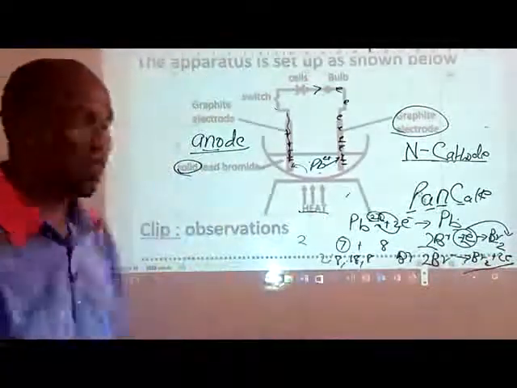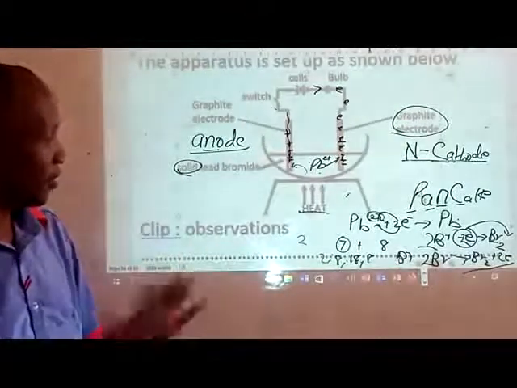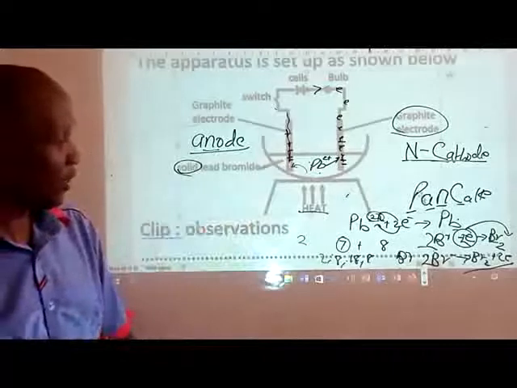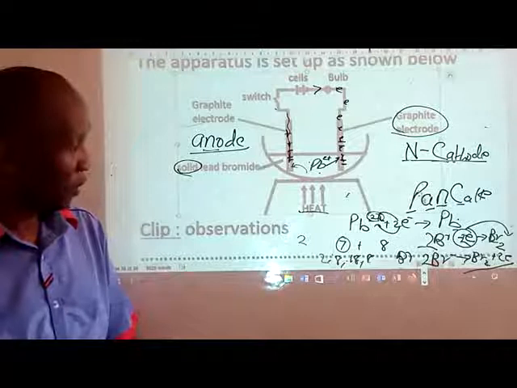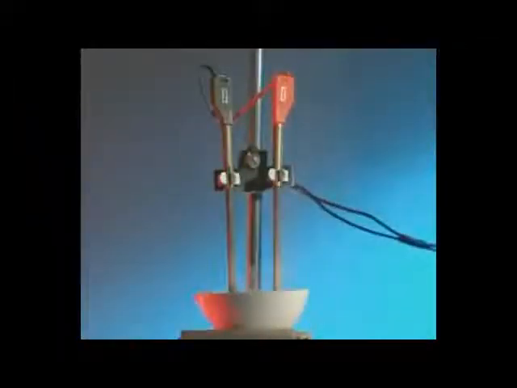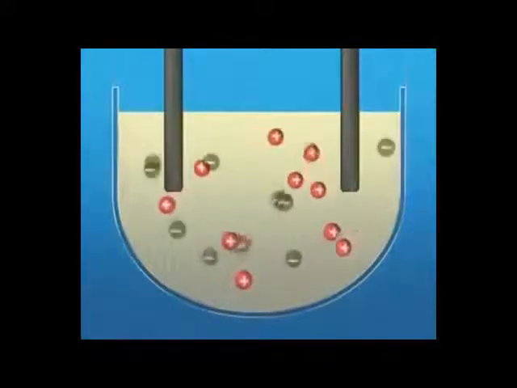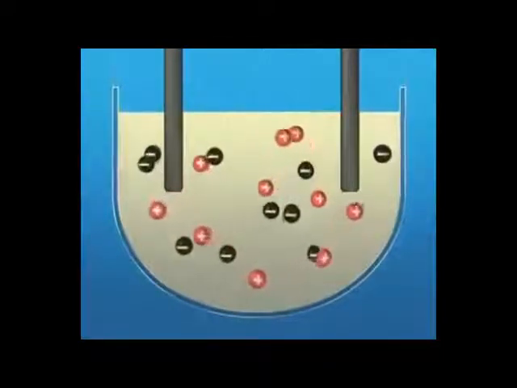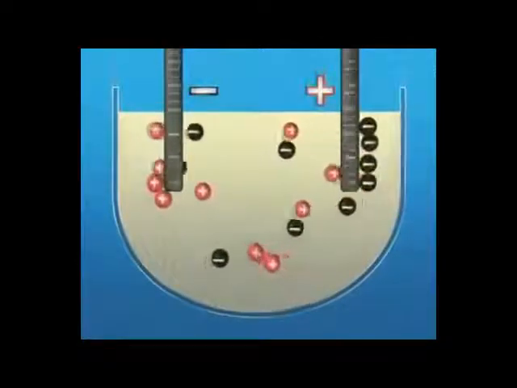Let us observe the animation that I have there, so that it can help us to understand what we are talking about maybe better. Imagine you can see the charged particles, the ions, in the compound. There are positive lead ions and negative bromide ions. Once the power supply is switched on, the lead ions are attracted to the negative electrode.